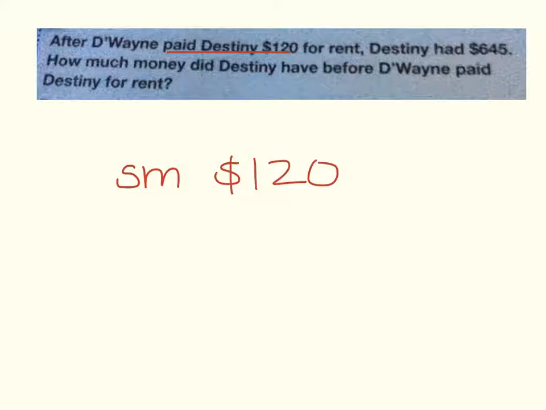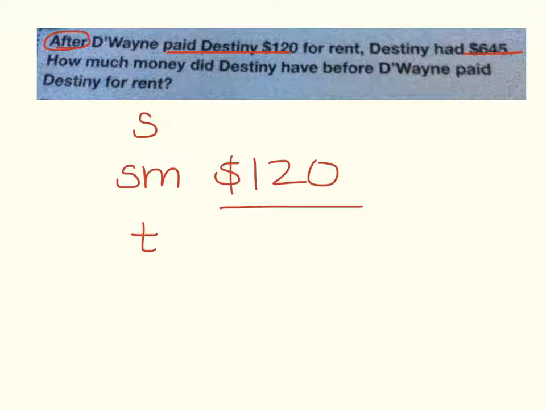Now it says after he paid her $120, she had $645. Well, is the $645 something she had as her total or her sum to start with? The $645, write it down where you think it would be. Is it the total she had after he paid or the total she started with before he paid?